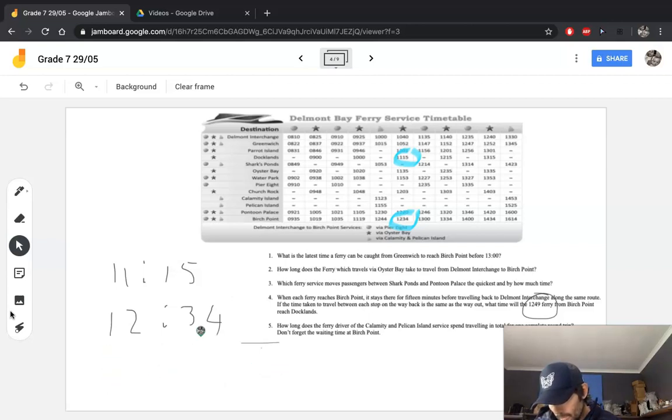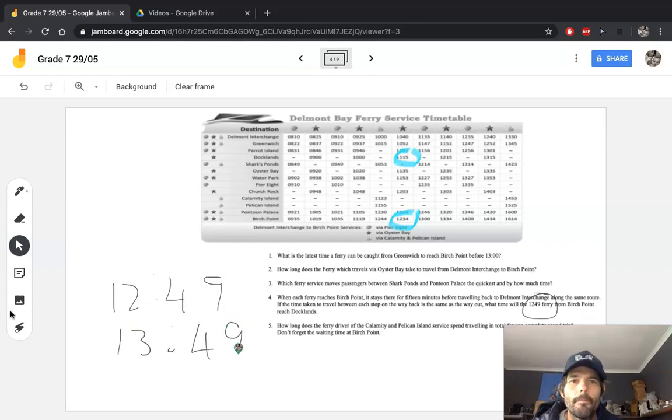I can say 12:49 plus 1 hour is going to give me 11 minutes to 2, or 13:49. Okay, and then I needed to add the 19 minutes onto that, and that's going to give me 8 minutes past 2. Okay, so it will arrive at Docklands at 8 minutes past 2.